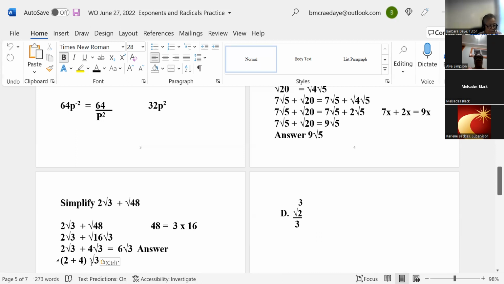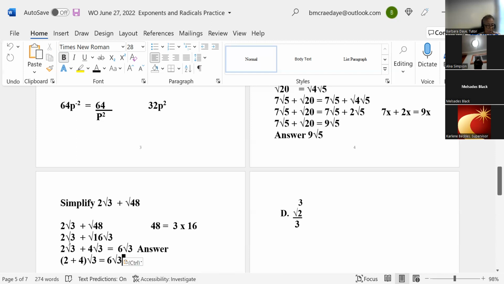That's the same. And 2 plus 4 is 6, right? So that will be 6 times the square root of 3. Add the coefficients, so 6, and this will be the square root of 3. Got it?